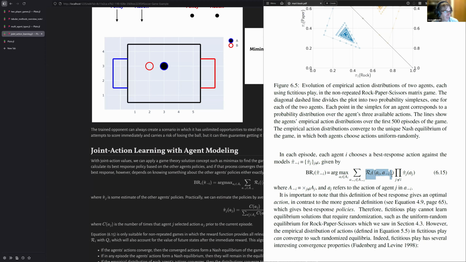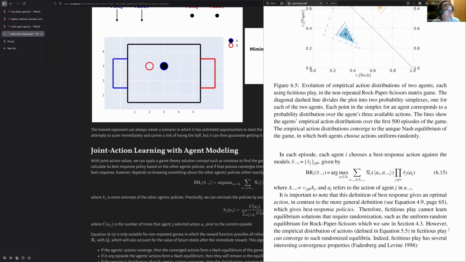This is showing it with R for a normal form game. If this was a stochastic game, these R values would just be replaced with the Q values that we learn, which also capture the impact of future rewards and future transitions.